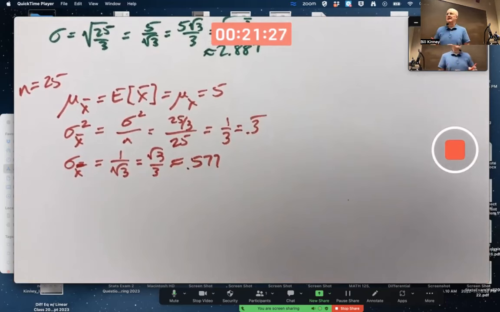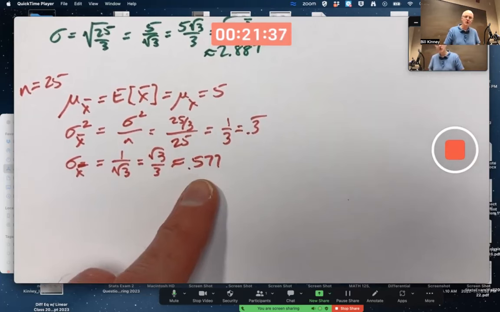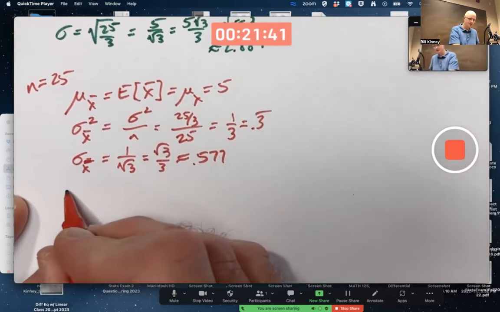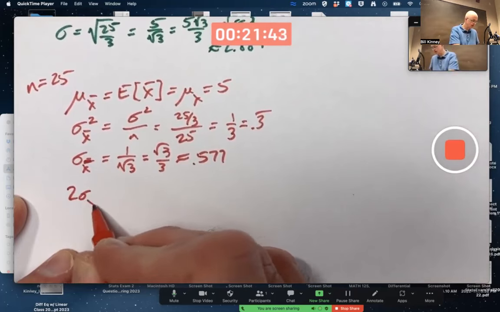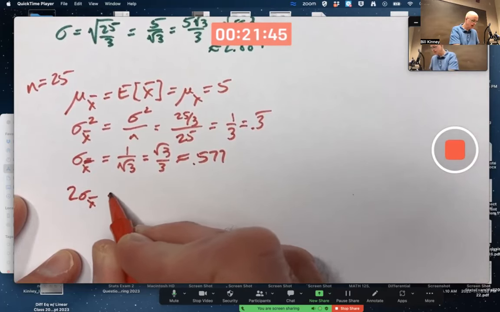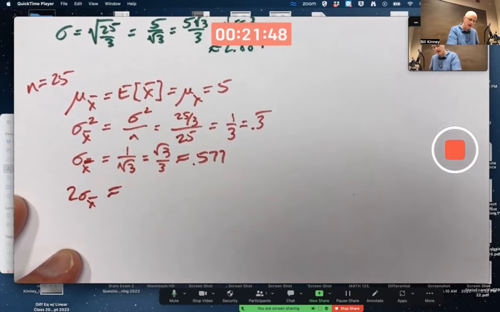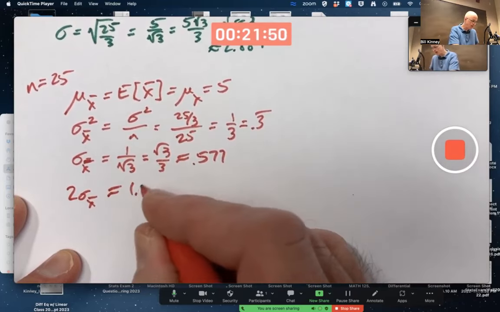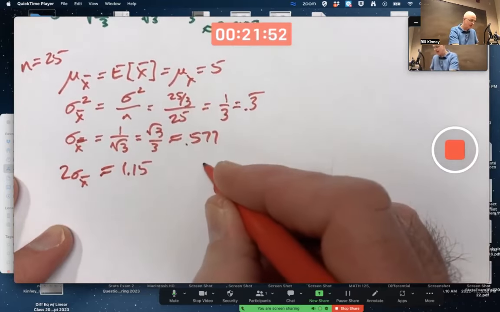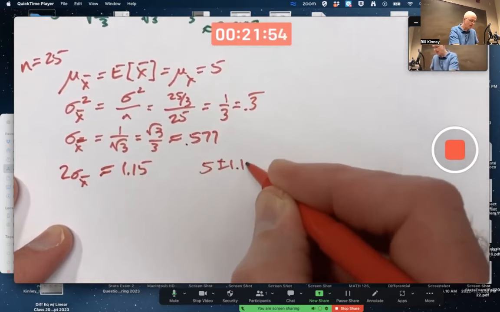Thinking about either the 68, 95, 99.7 rule or the two standard deviation rule of thumb, practically all the values of X bar should be within 2 times this of 5. 2 sigma X bar is approximately 1.15. 5 plus or minus 1.15.